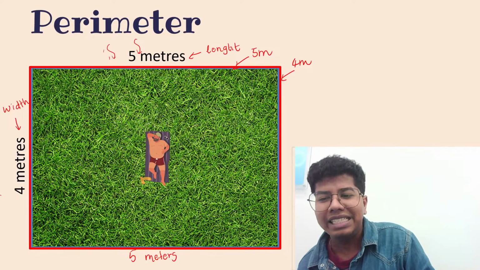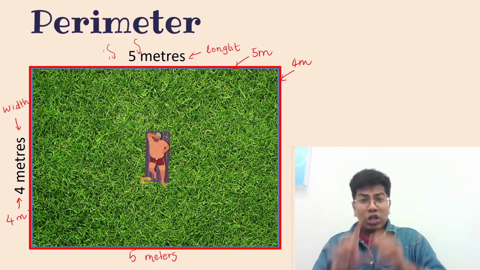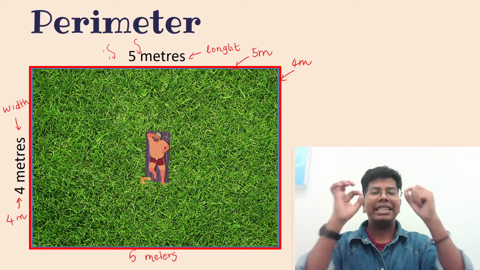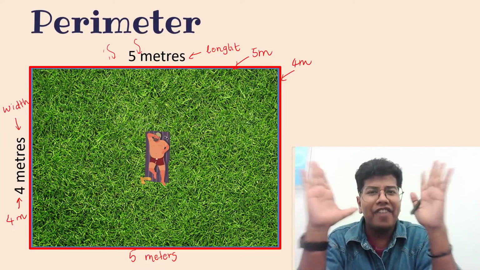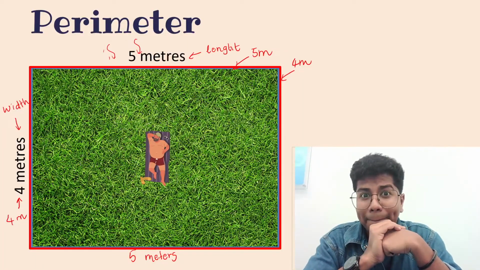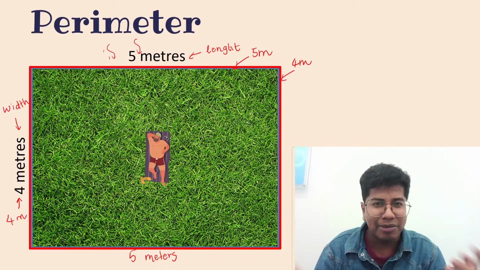And lastly, this is also 4 meters. So if I ask you everyone, the total length needed to fence everything will be how much? The total fencing. Can anyone tell? Here it's 5 and 5 meters, how many times? Think.